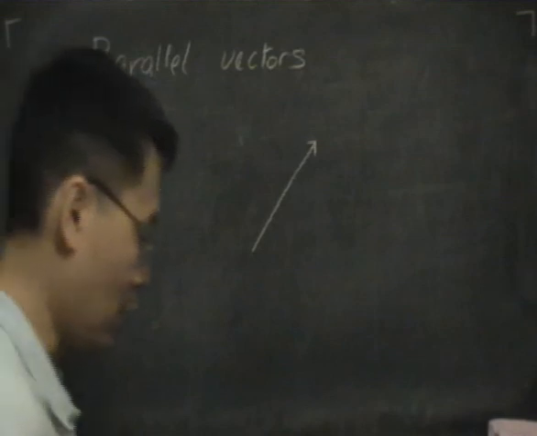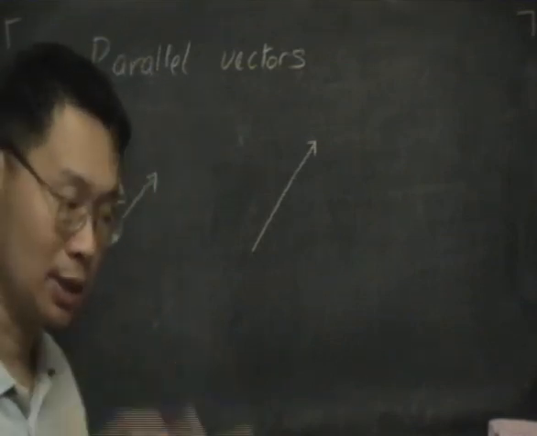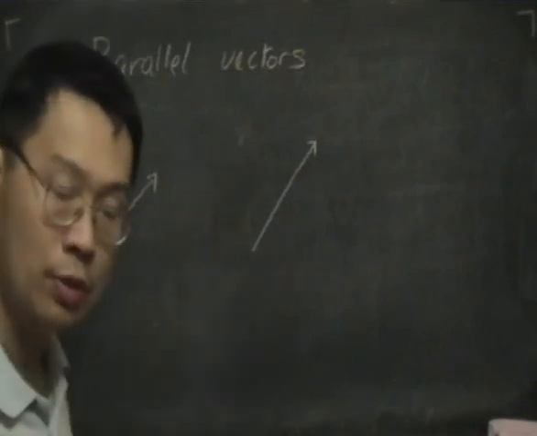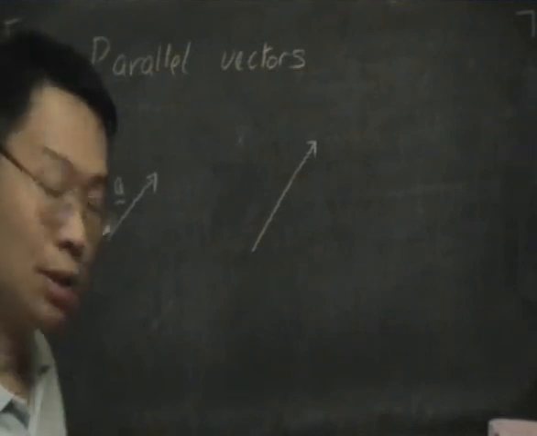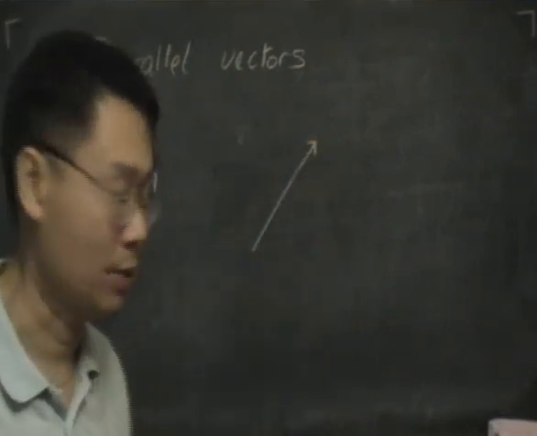We have seen just now that when you multiply a vector by a scalar, the answer must be a vector that has the same direction but maybe a different length.